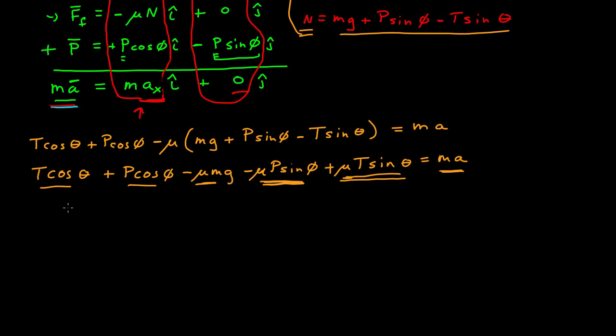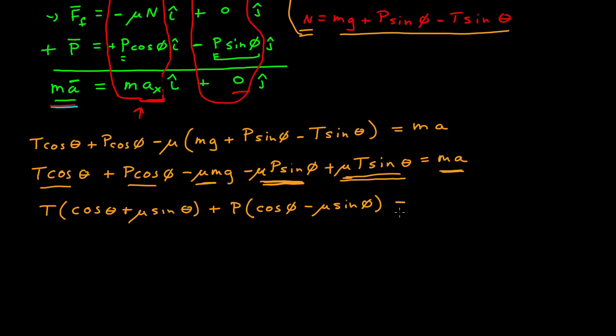Now what I might do is clean this up a little bit. I have a tension. I might factor out a tension here. So there's cosine theta plus mu sine theta. And I might add that to my pushing contact force, which has a cosine phi minus mu sine phi.